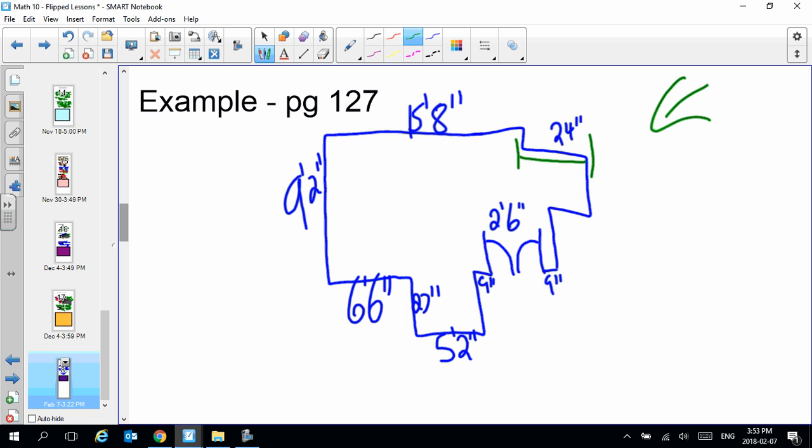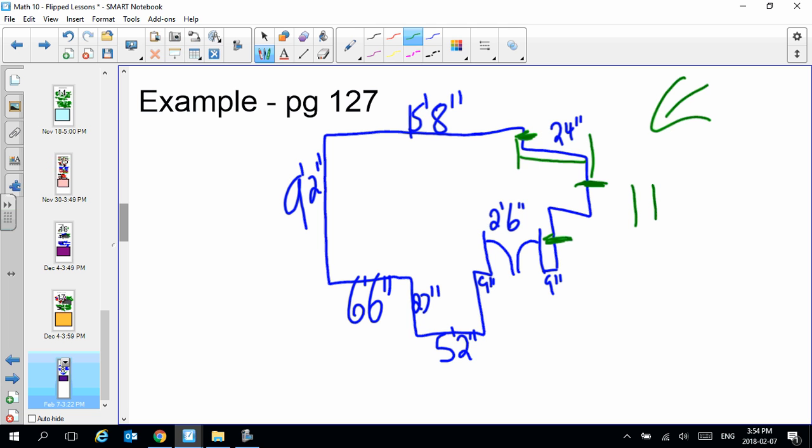They tell us it's 24 inches. I don't know this one, or this one, or this one. I don't know how long those are. But the question is, does it matter? If I don't know these three specifically, what I do know is that all three of these are going to add up.